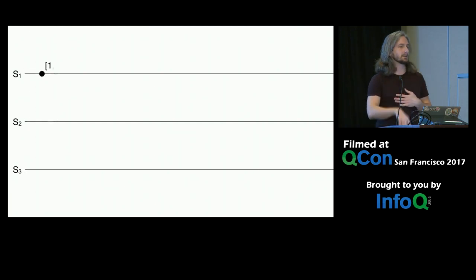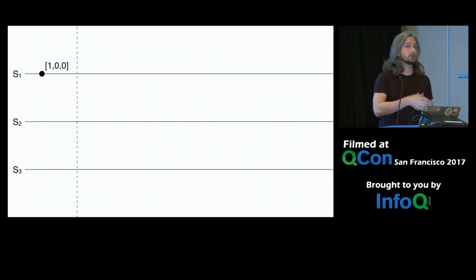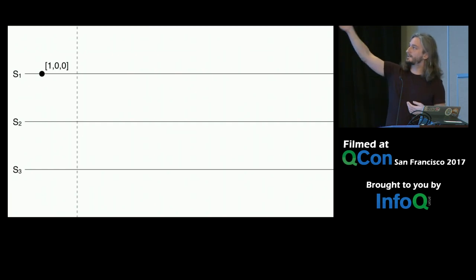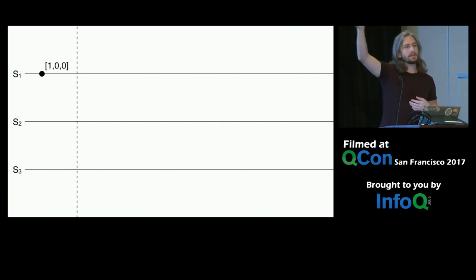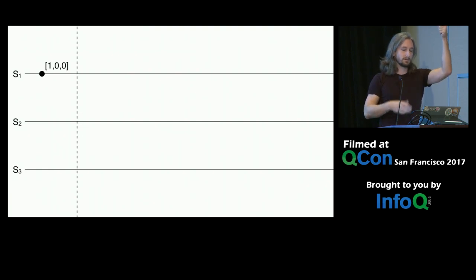S1 has an event of some kind. In this case, maybe it's doing a health check. S1 increments its individual index in that version vector. We have three nodes, three indexes, three slots in our version vector. S1 is going to increment 1 because an event happened.